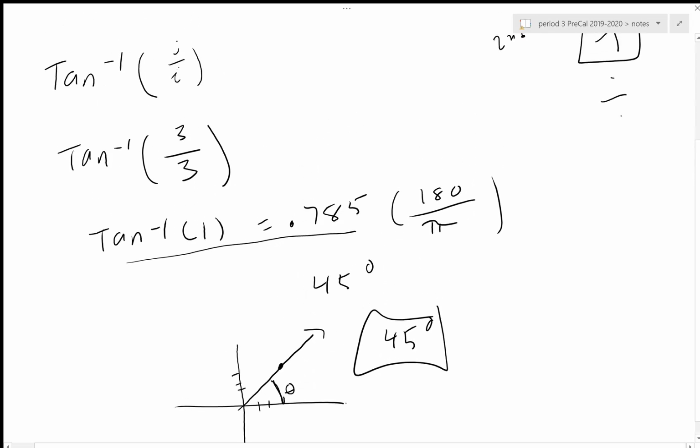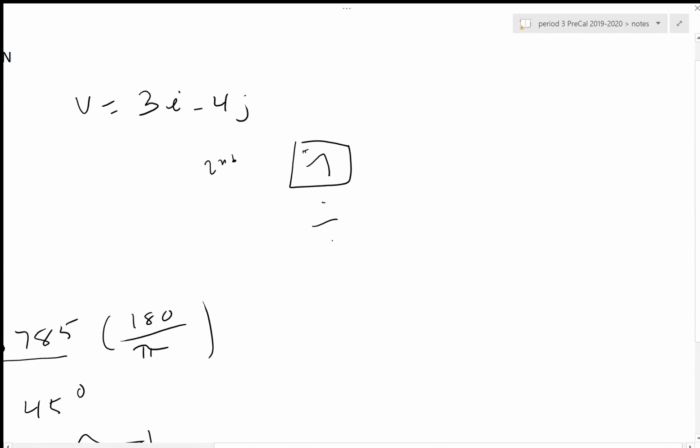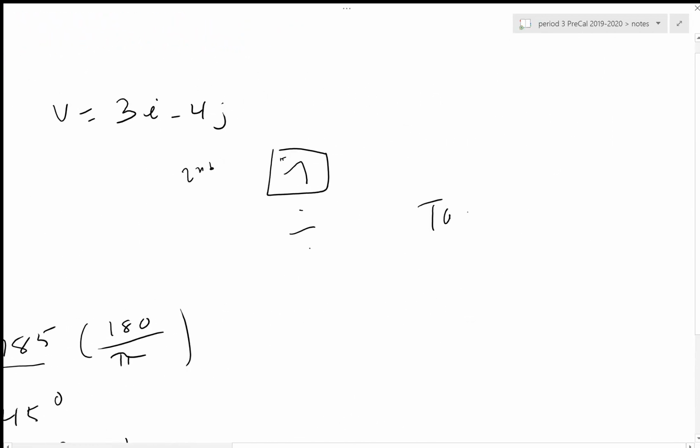Now you might ask, for example, let's do V. So tangent inverse of negative 4 over 3. Put that in the calculator, tangent inverse negative 4 divided by 3. We get something like negative 0.927.